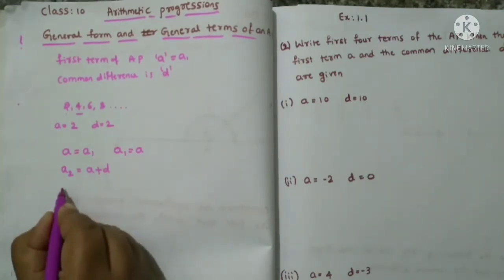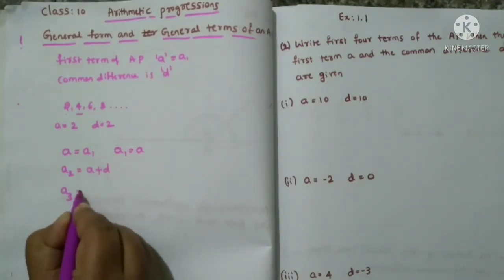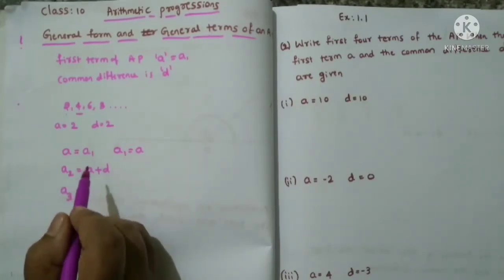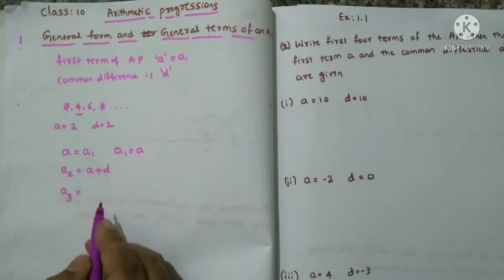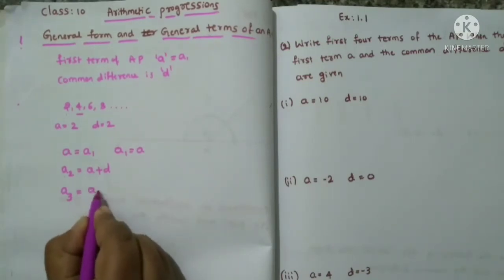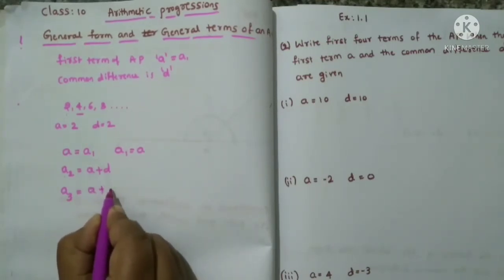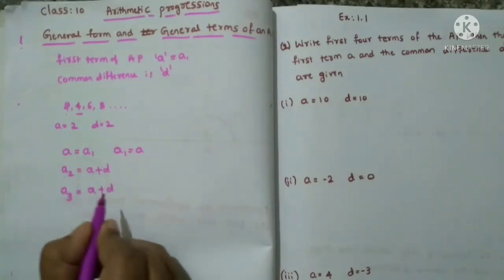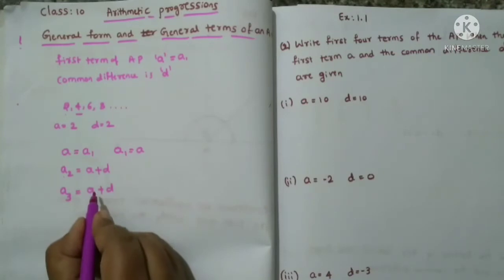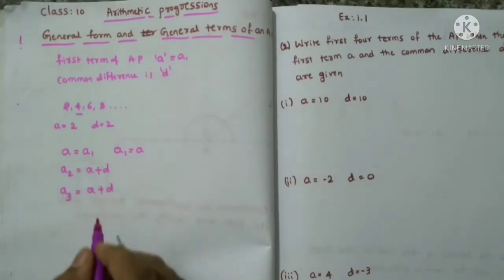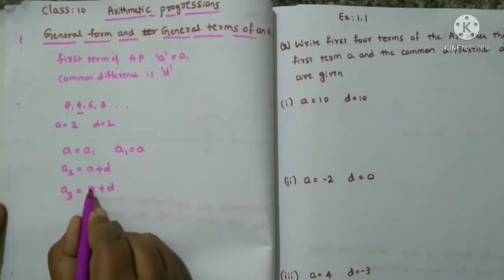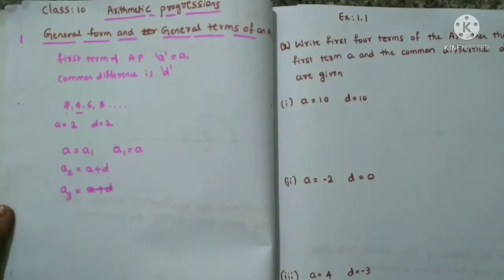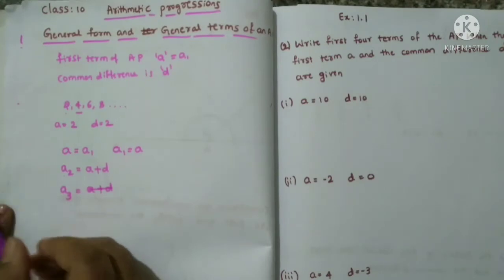Like that, for A3, the third term, if you want to get it, for the second term you have to add D. If you add D to the second term, you will get the third term. So the second term, what do we have?